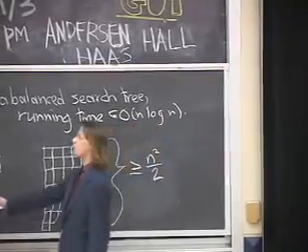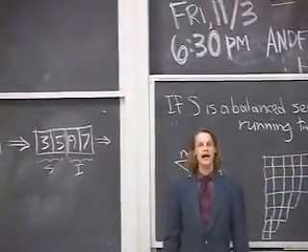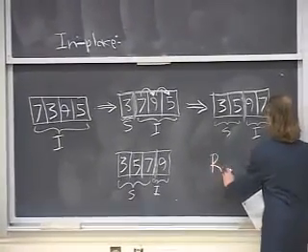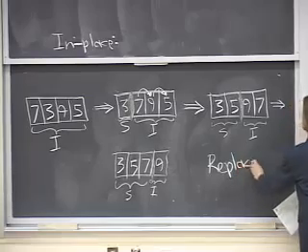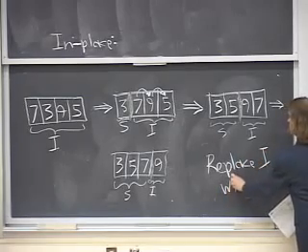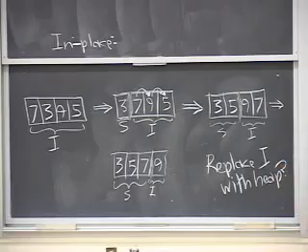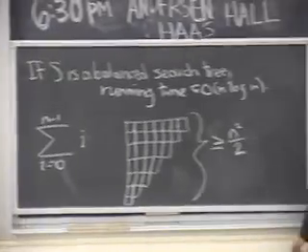Okay. Now, what happens if you replace I with a heap? Well, if you have a heap, you can do selection a lot faster than linear time.